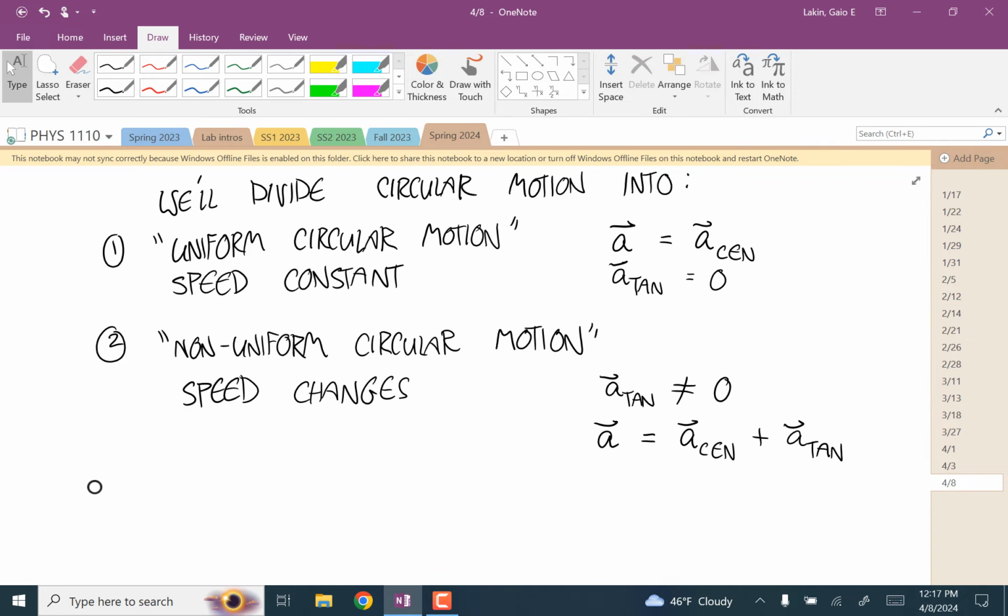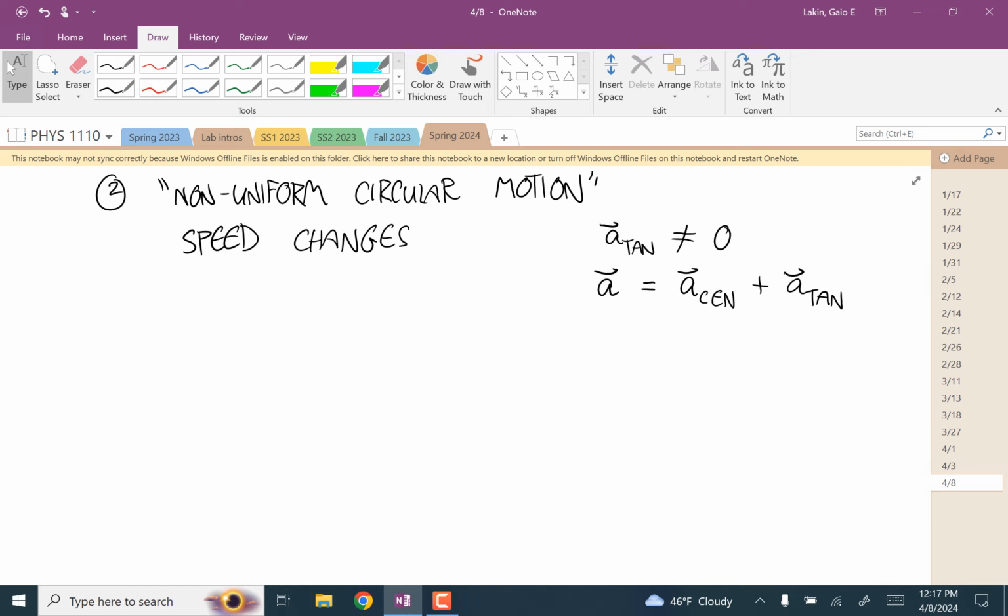Okay, so I'm going to give you a list of general steps for doing circular motion problems, and then we'll go through a couple example problems. So these are general steps for circular motion problems.